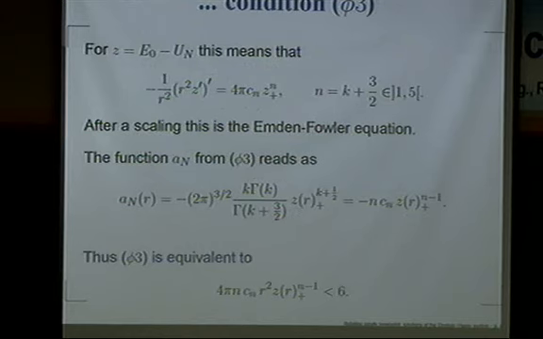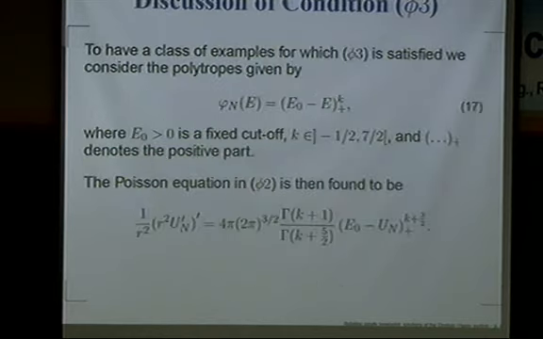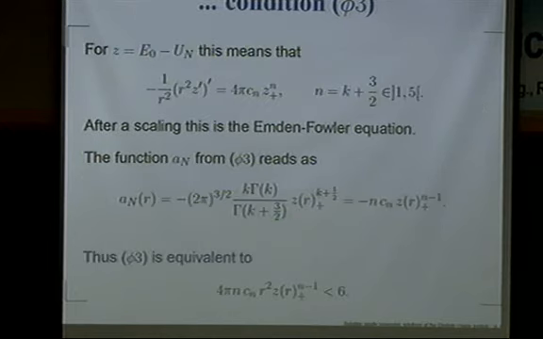And the k here was allowed to be in this regime. And if we now introduce n, it's allowed to be in this regime. And this then implies that this should satisfy this equation, which is basically the Emden-Fowler equation.